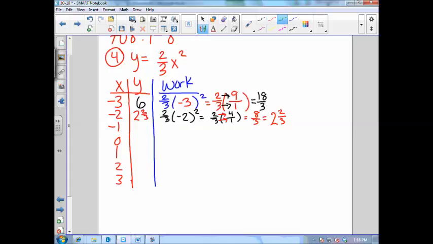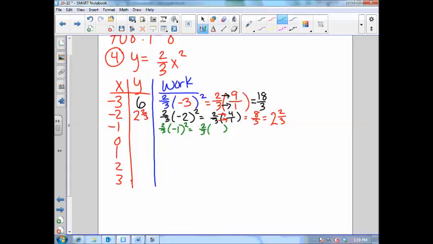We keep going until we see a repeat on the y's. So far we haven't repeated. So we keep going. 2/3 times -1 squared. Okay, Gerardo, what do we get here with the exponents? What is negative 1 squared?